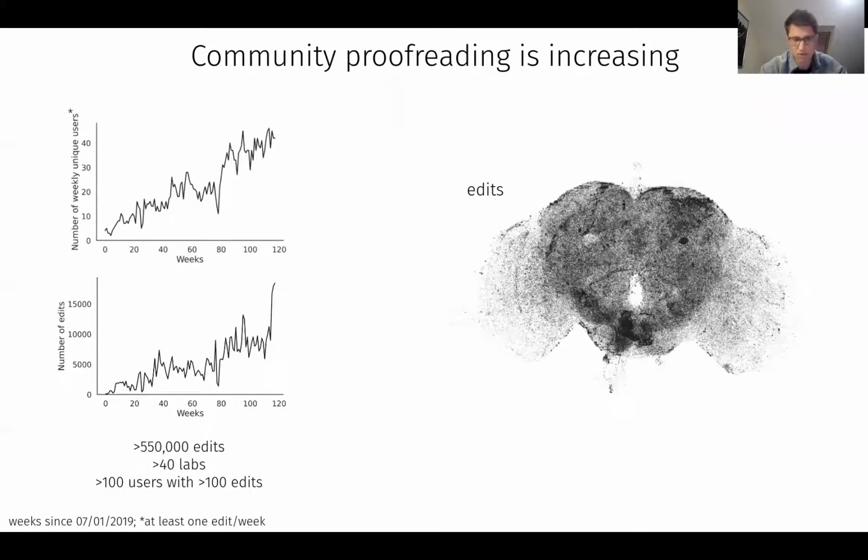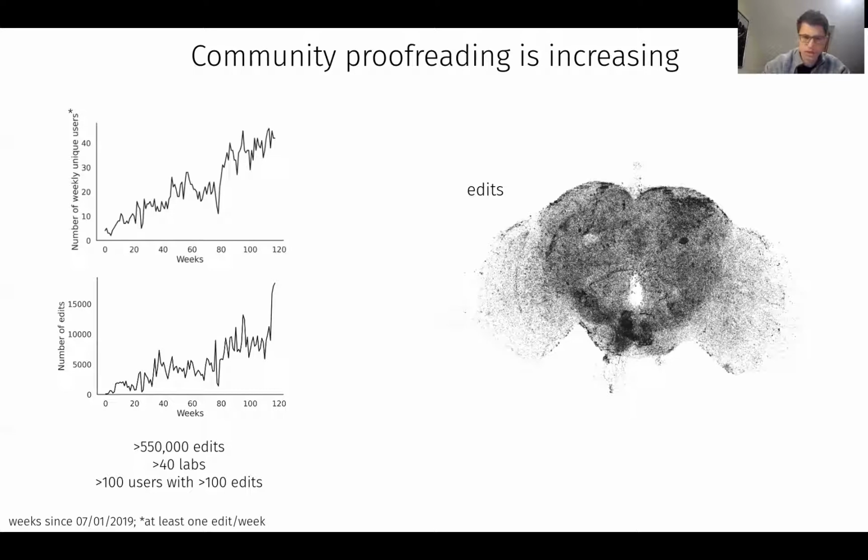At this point, we have over 40 labs, and over 100 users have contributed over 500,000 edits. On the right, you can see where those edits have been made. So every point there is an edit in the brain, and the focus is clearly on the central brain.